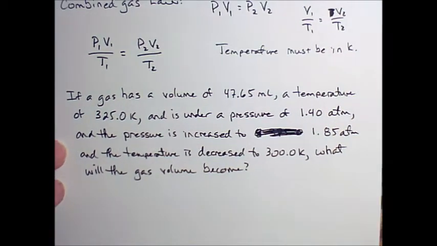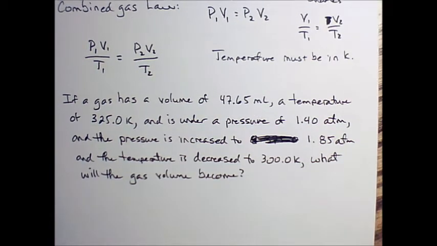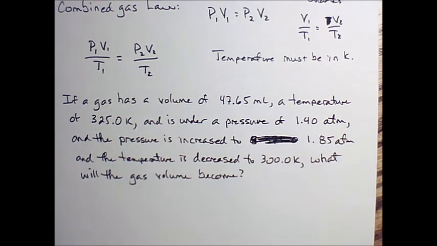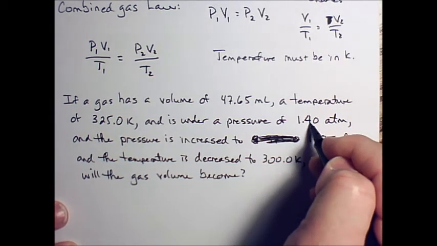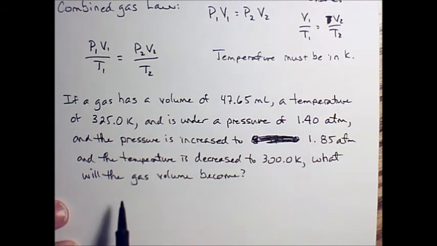Okay, so gas has a volume of 47.65 milliliters, has a temperature of 325.0 K, and is under a pressure of 1.40 atmospheres. That's a 4 and a 0, 1.40 atmospheres.